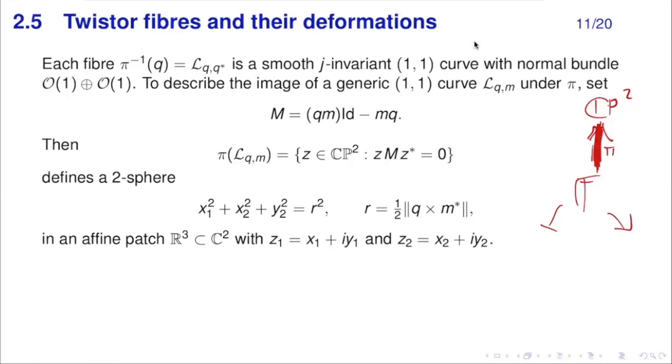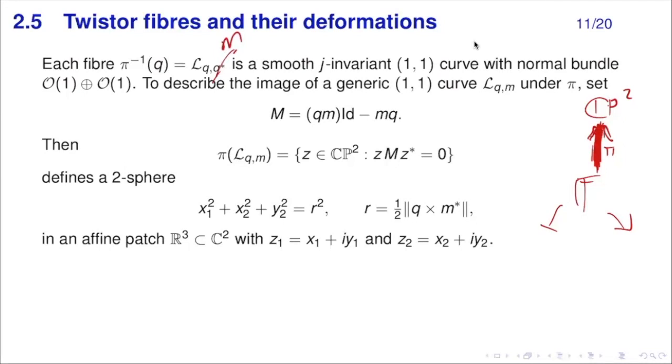Instead of having generally LQM, if I take M to be Q star, that means the conjugate transpose, I get one of these twistor fibers. So of course I'm using the unitary structure here. So I have these twistor fibers, but I can deform them. I can change Q star and put a more general M, as I had before, and then I get a curve which is not vertical with respect to this fibration.